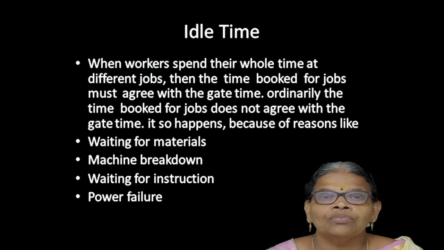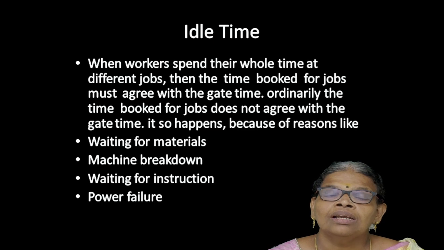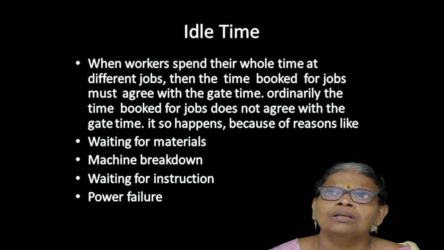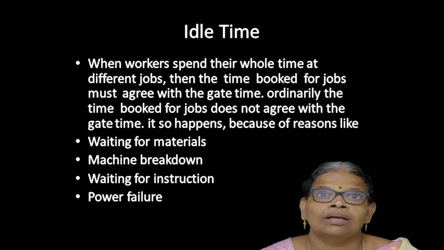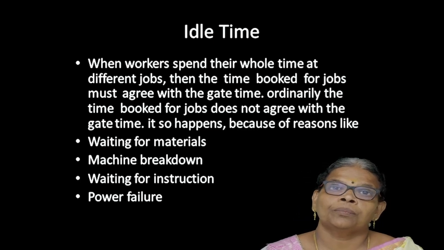Idle time may be of two types: normal idle time and abnormal idle time. Normal idle time cannot be controlled. It must be incurred. Whenever any person enters the gate, it takes a minimum time to reach the department or workstation and to begin the work. For example, whenever we start a machine, first they have to clean the machine, put the oil and other lubricants, and get all the accessories ready, and then operate the machine.